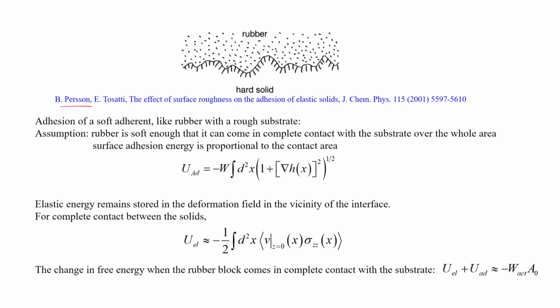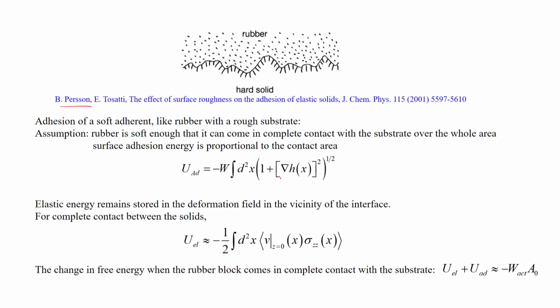So here I would like to show some results. Persson considered the energy of the system. Suppose this rubber, which is soft, comes in complete contact with this particular rough surface, which is a hard solid. Then what will be the adhesion energy?